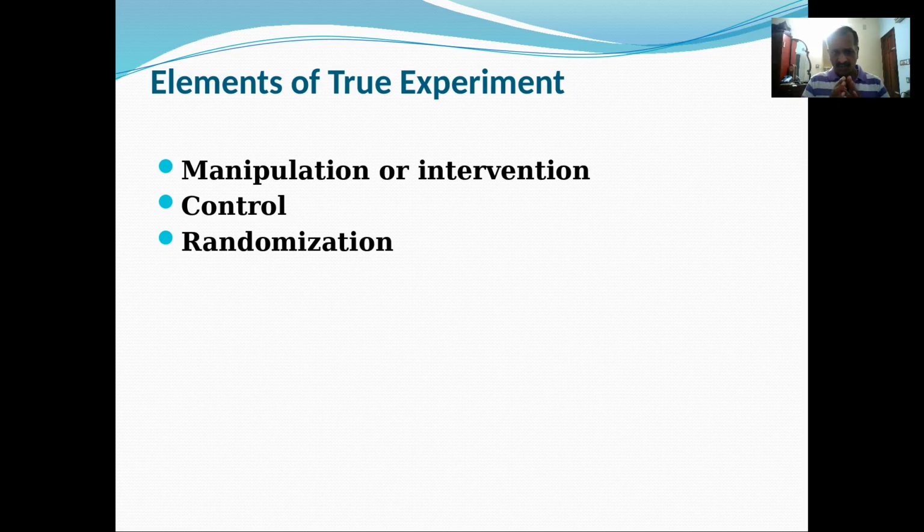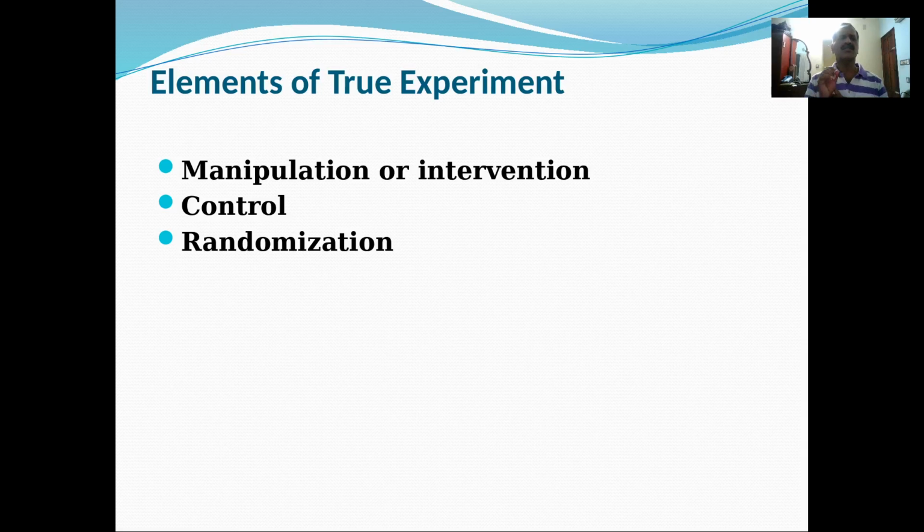Now what do you mean by manipulation or intervention? Whenever we hear the term manipulation, it has a bad meaning in our mind, especially because of the films and all. "He is a great manipulator" is a term we have heard. But manipulation simply means an intervention done by the researcher.